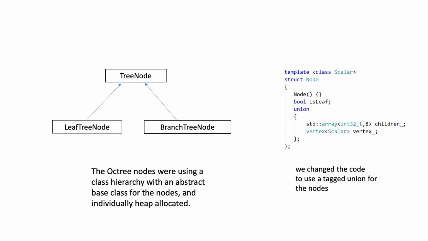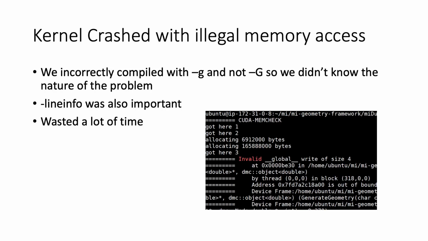And that also meant that we could just pre-allocate an array of nodes, because they weren't needing to be individually heap allocated, because they all had the same type. And doing that actually gave an additional 2 times speed up in the CPU implementation, probably just because of better cache locality.